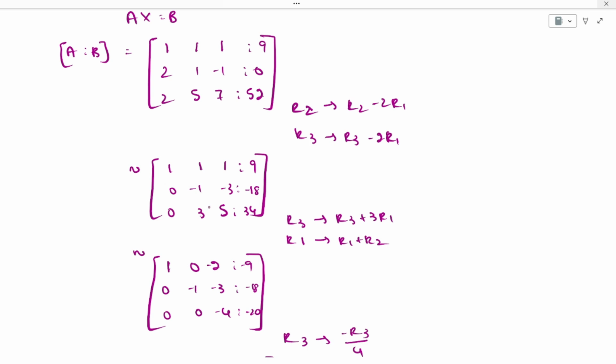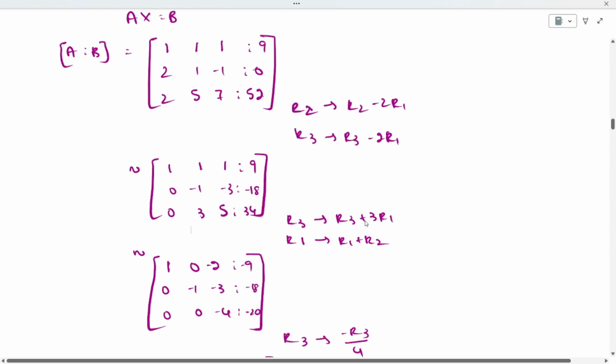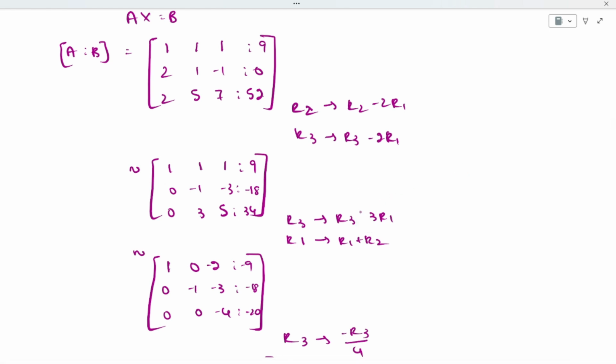Now see here, it should be R3 minus 3R1. That means minus 3 will be 0.